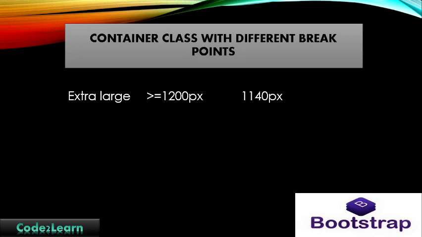The second one is large, greater than or equal to 992 pixel and less than 1200 pixel, that is up to 1199. So for large screens like PC and laptop, the container class uses 960 pixel.